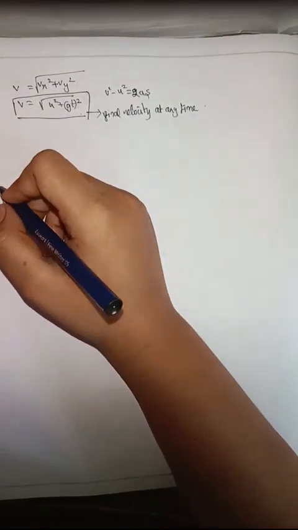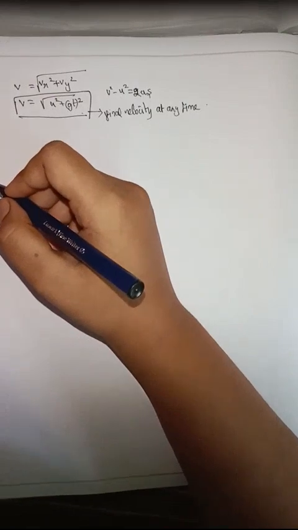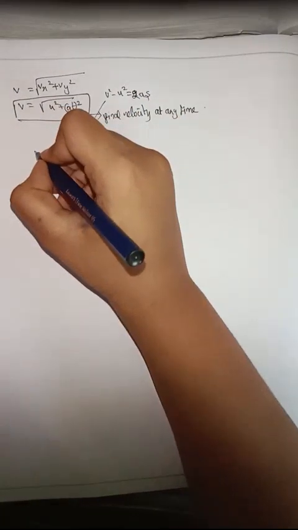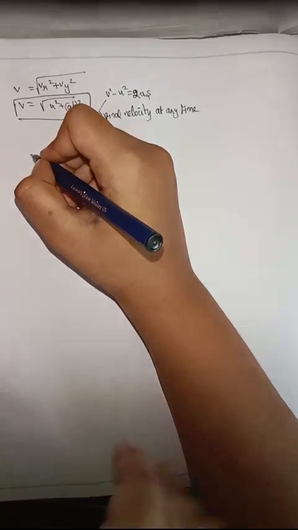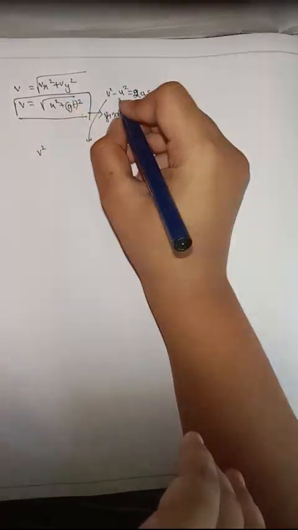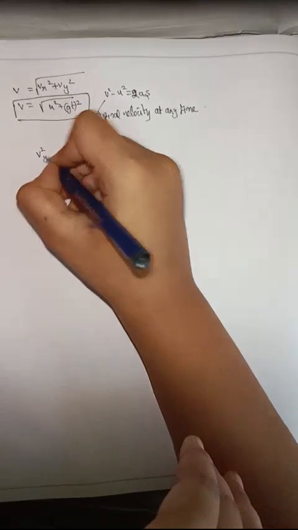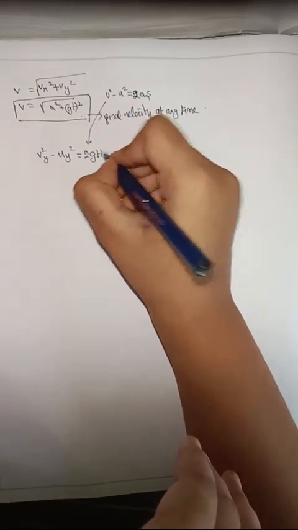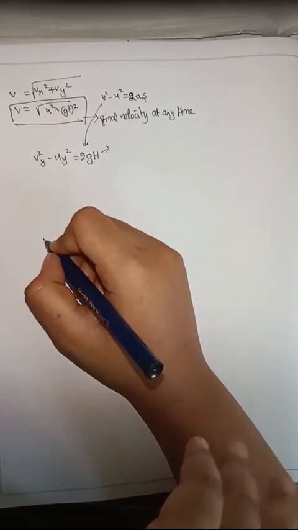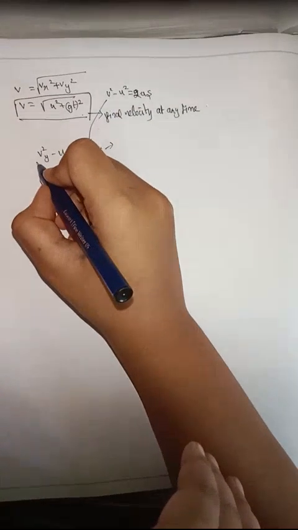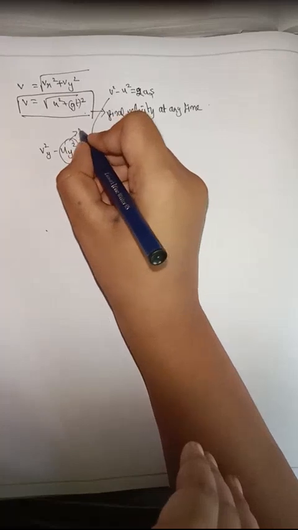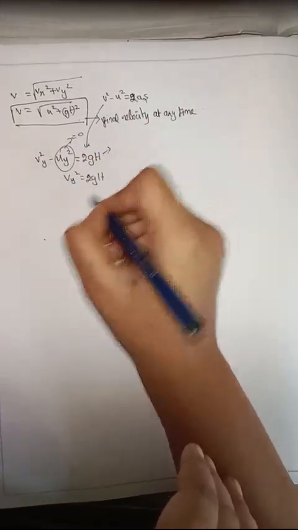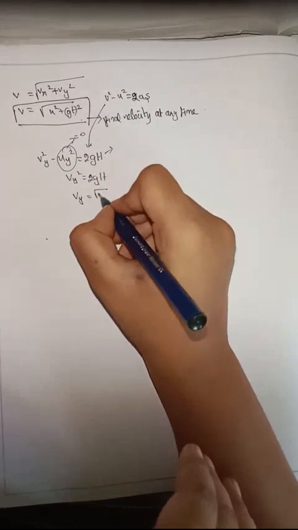If they ask in terms of h max, take this equation. If a projectile reaches the ground, let us consider it like this: v square minus u square equal to 2gh, where h is the maximum height, and u is 0. So Vy square equal to 2gh, and Vy equal to square root of 2gh.